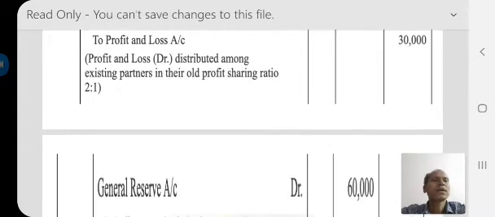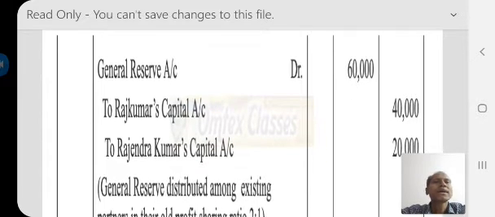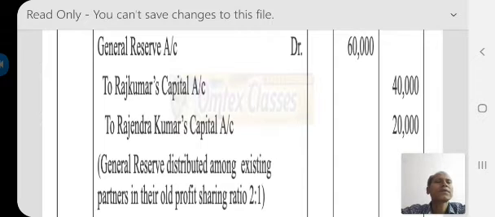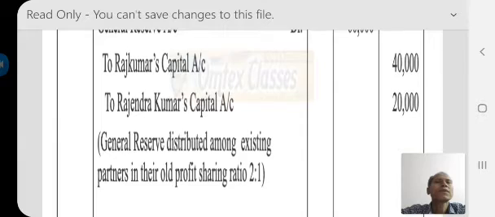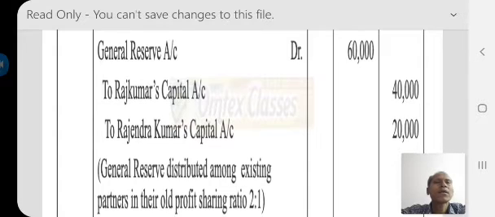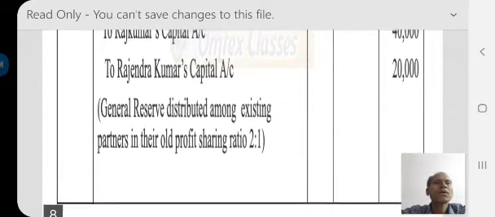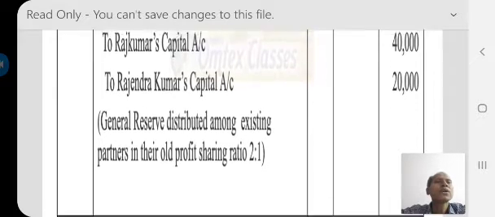Now we shall move further. So general reserve account debit to Rajkumar capital account, to Rajendra Kumar capital account. Okay, it is distributed among the partners.